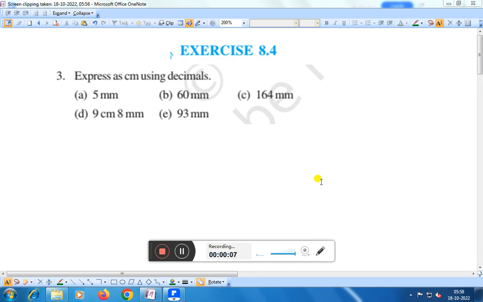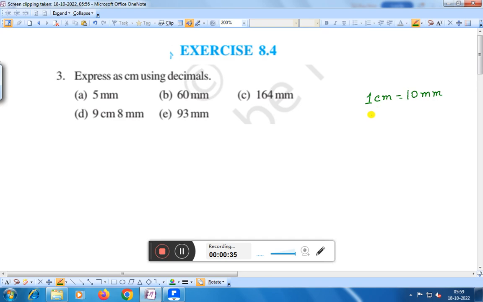Express as centimeter using decimals. A. 5 millimeter. First you have to know what is the relation between millimeter and centimeter. We know that 1 centimeter is equal to 10 millimeter.